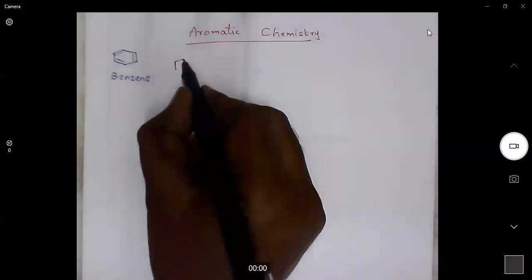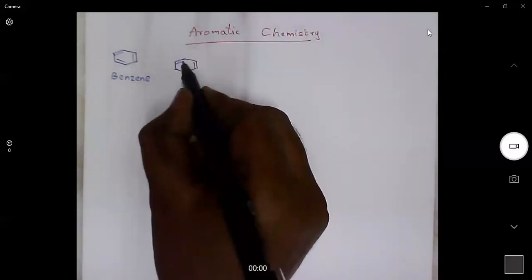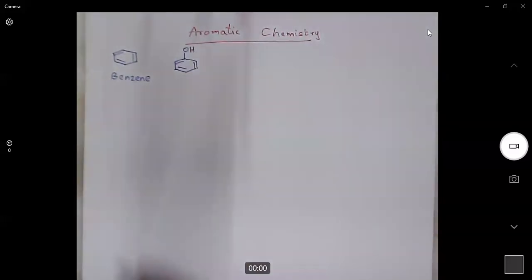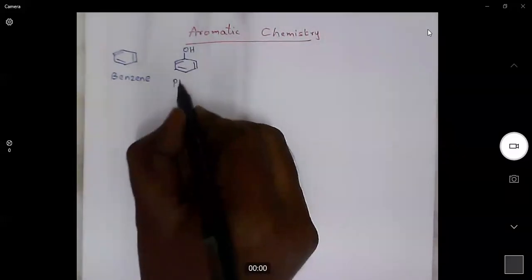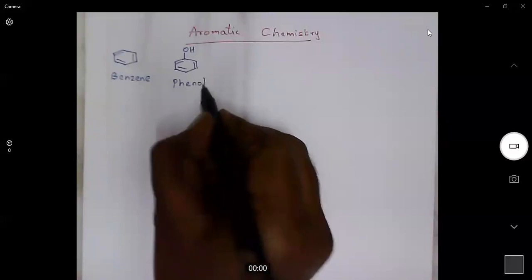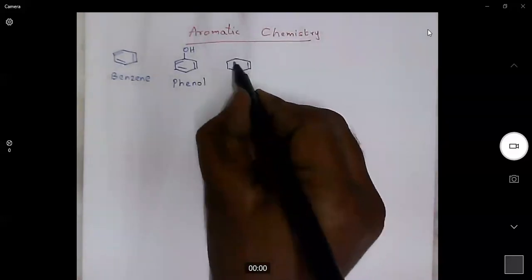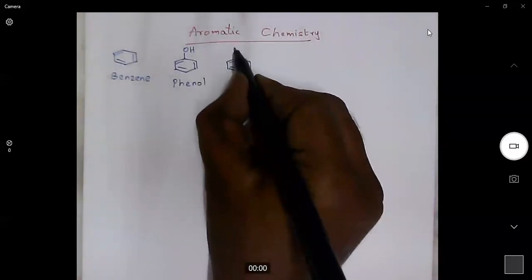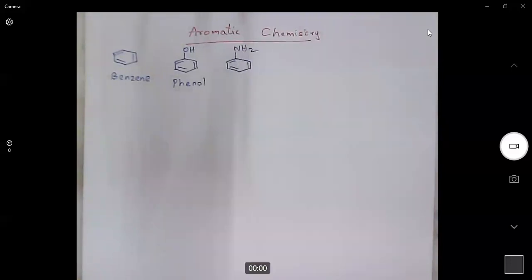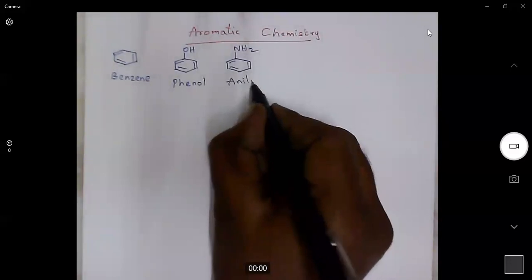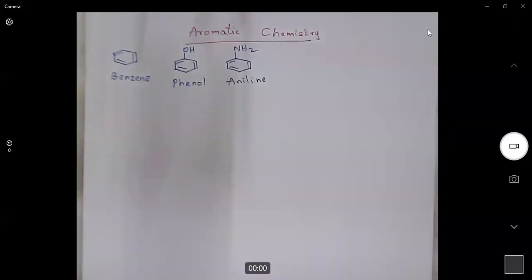When we have an OH substituent on benzene, it is called phenol. When we have an NH2 substituent on benzene, this is called aniline. These are common names only.